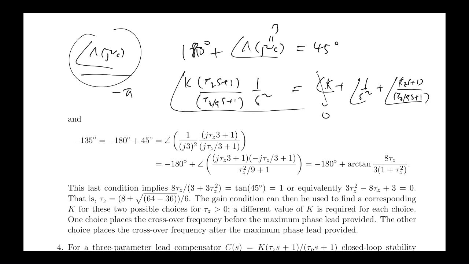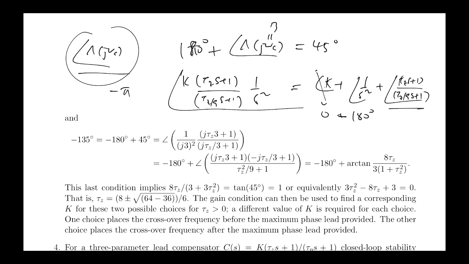We're going to be evaluating this on the imaginary axis somewhere, and no matter where we evaluate it, the phase of this will be minus 180. And then we're left with this phase here. So that's where the 180 here is coming from. It's why you don't end up with a dependence on K, because it just doesn't influence the phase, given that we know that K has to be chosen to be positive in order to achieve closed loop stability.